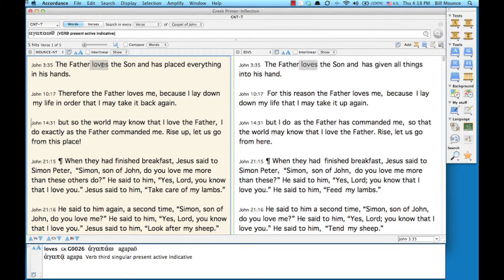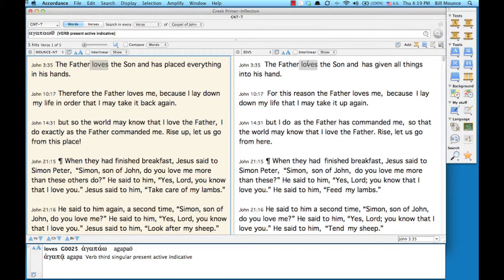So if you don't want to have the Greek showing on the screen, you don't have to. You can get rid of it. And if you have a Strong's Bible, the mouse overs will still show you the inflected information in the instant details box. So whether it's my translation or another Strong's Bible, you're still going to get that inflected information if you have the GNT installed.